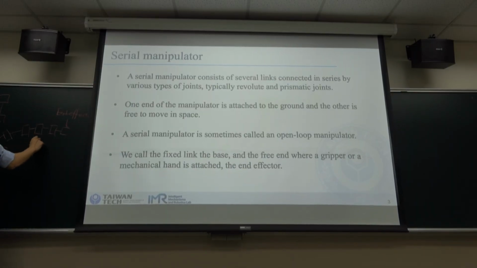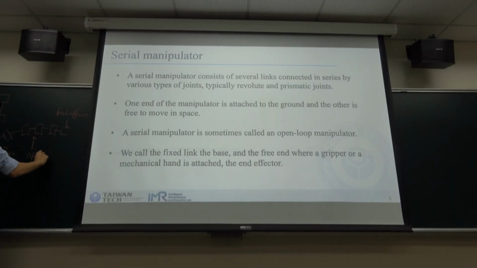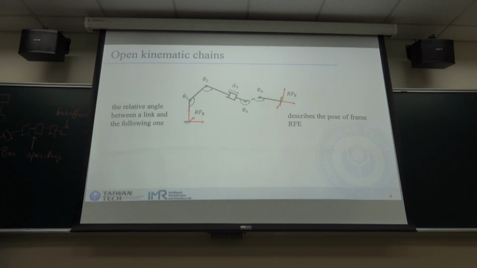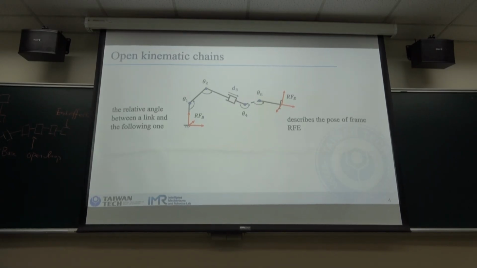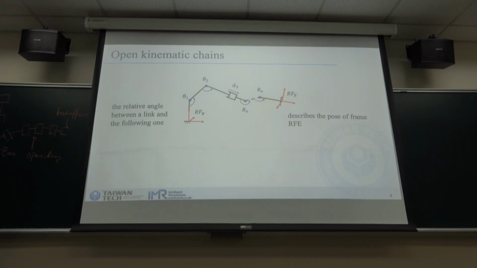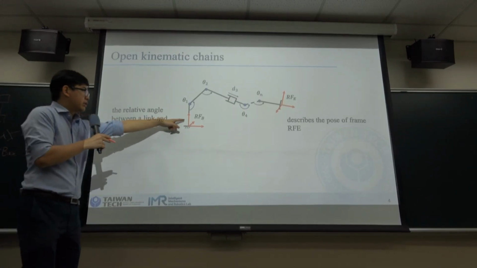So this is an open loop. Basically in this lecture, in this module, we only cover the serial manipulator rather than the parallel robot. So this is a typical serial manipulator.